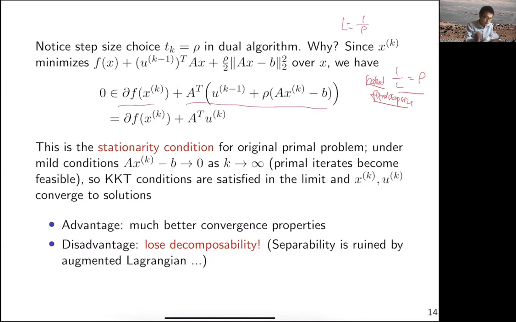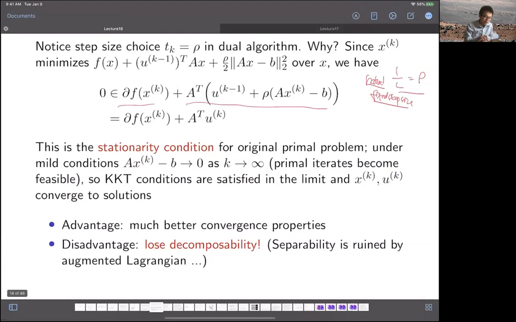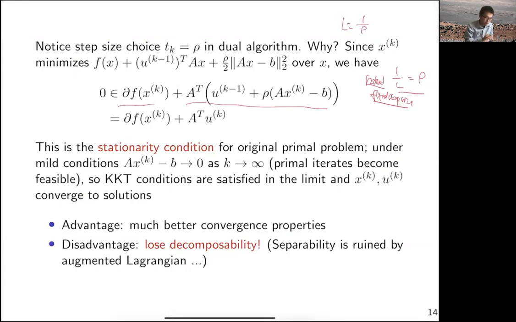Notice that if we substitute this x to be the next iterate x^k, then we'll naturally end up getting this equation, which directly corresponds to the first order optimality condition of the original problem, without the augmented Lagrangian.